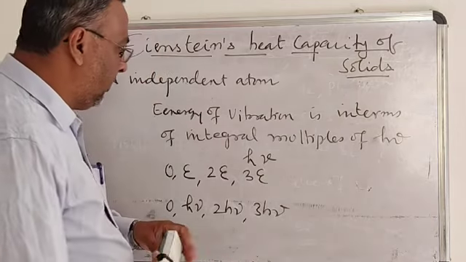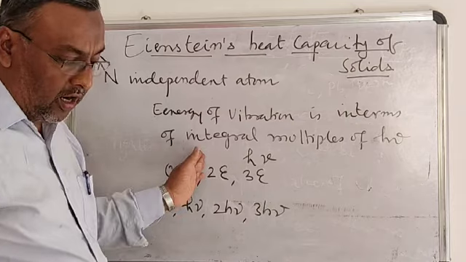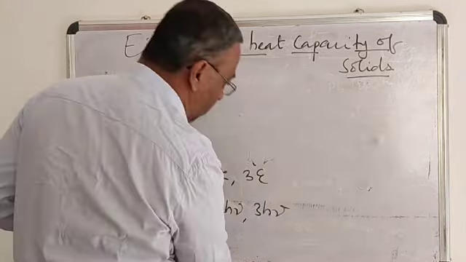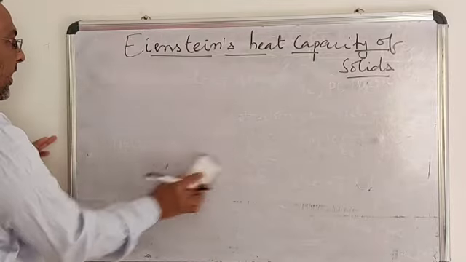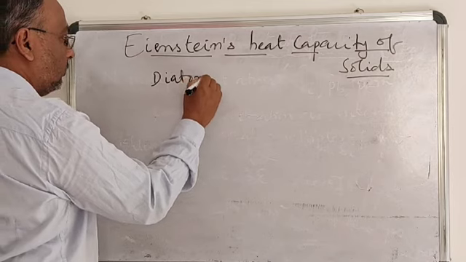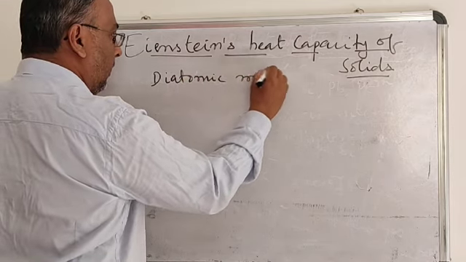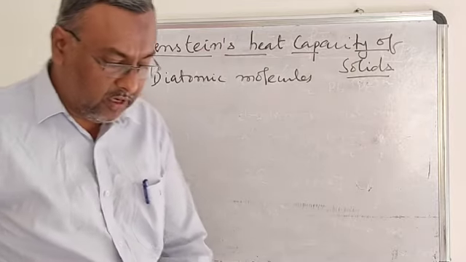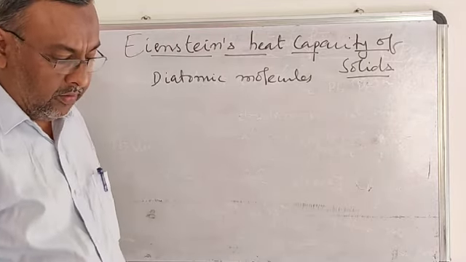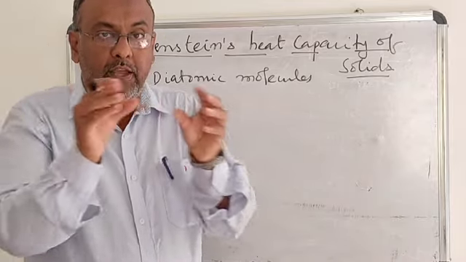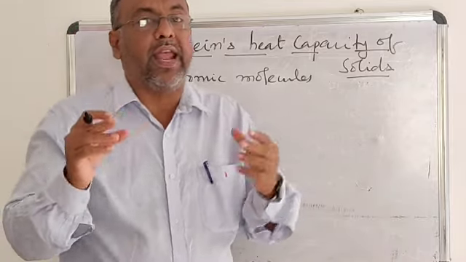The energy of such a system of oscillators can be found as in the case of diatomic molecules. In the case of diatomic molecules, the molecules can vibrate along the internuclear axis.